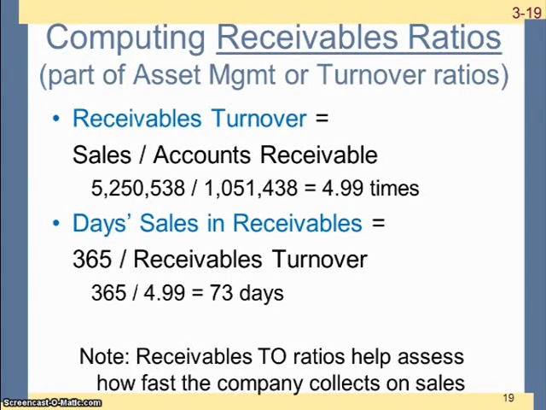So, a receivable turnover of 4.99 times equals 73 days of accounts receivable outstanding, calculated as 365 days divided by 4.99 receivables turnover. It tells you the average number of days it takes to collect an account receivable.